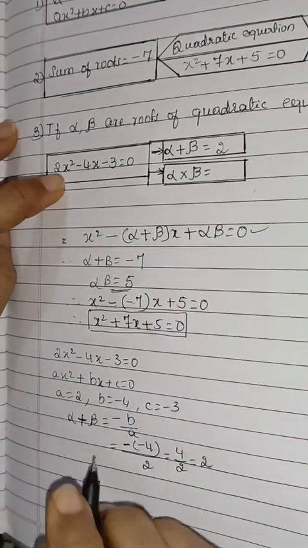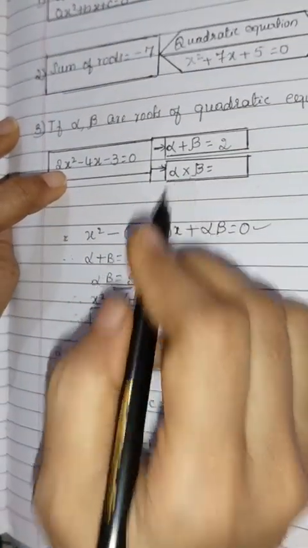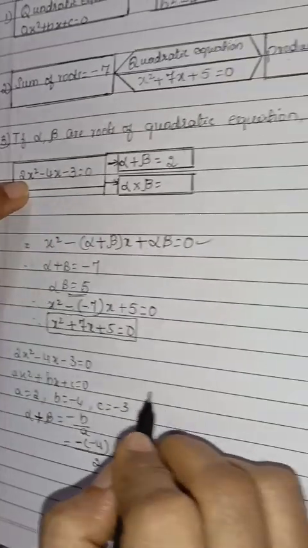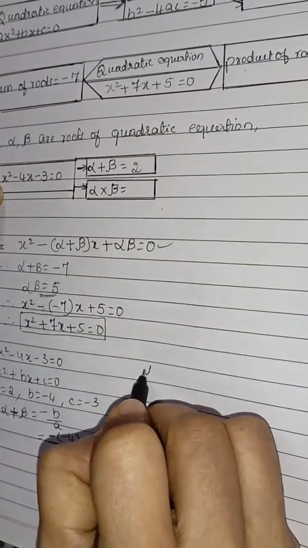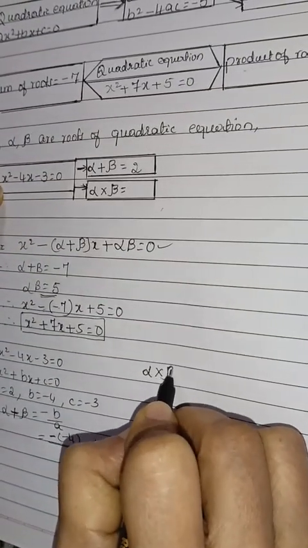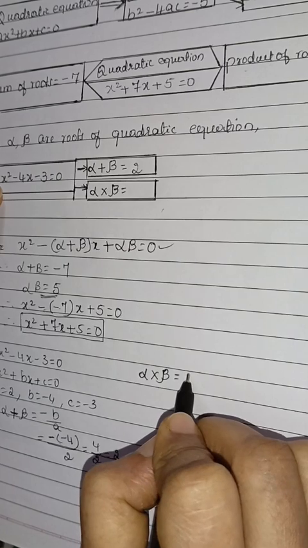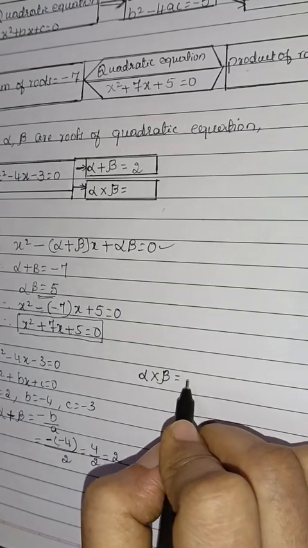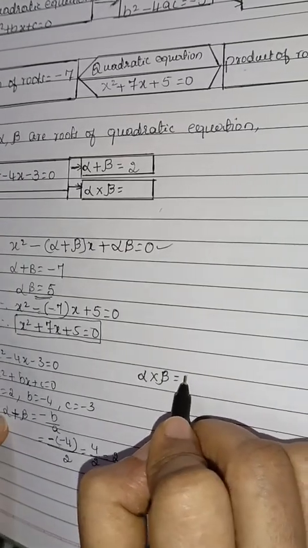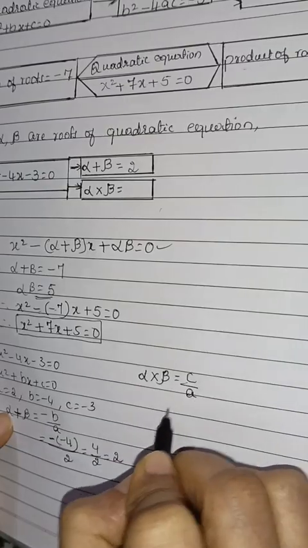Now alpha multiplied into beta, that you have to find out. Alpha into beta is c by a.